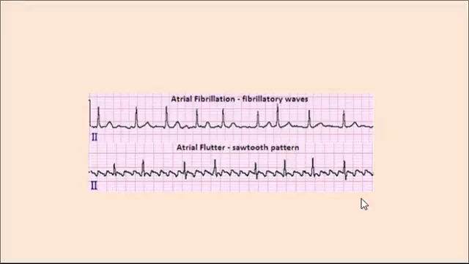Some things to keep in mind are how severe the block is. Here, a 4-to-1 block is pretty significant versus a 2-to-1. What is the rate? Here we'll say 300, 150, 175. So the rate is not real fast here. Even though the atrium is not kicking right and not filling completely to send it to the ventricle, you still are getting some.